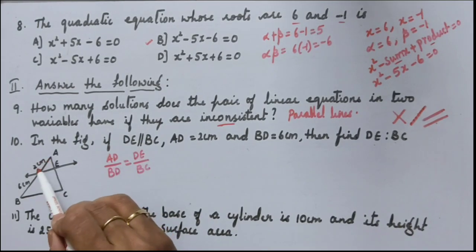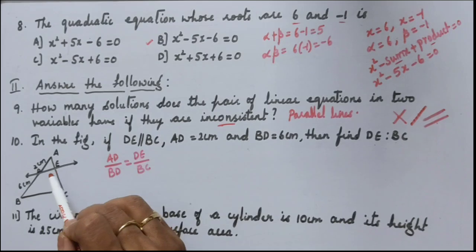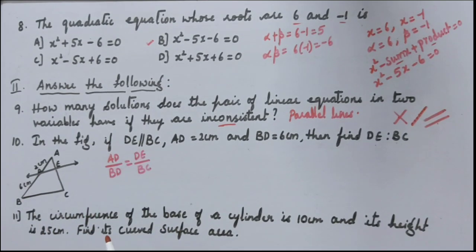See here, AD upon BD is equal to AE upon CE, as well as DE upon BC.